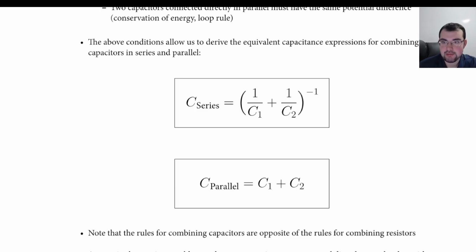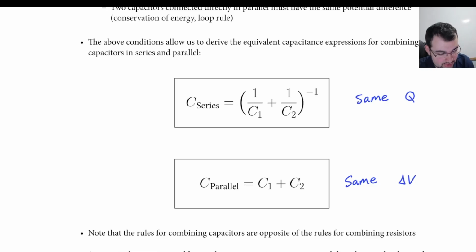And this is actually not a typo. This is actually the opposite of resistors. So maybe let's write some things here. This is the same Q, and this is the same delta V. So what is equivalent capacitance?